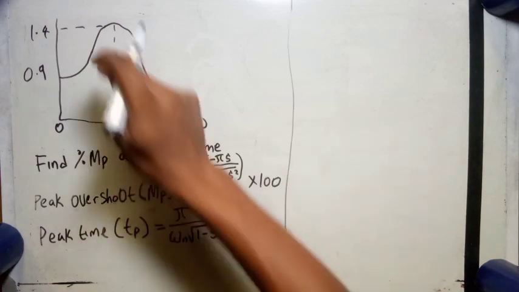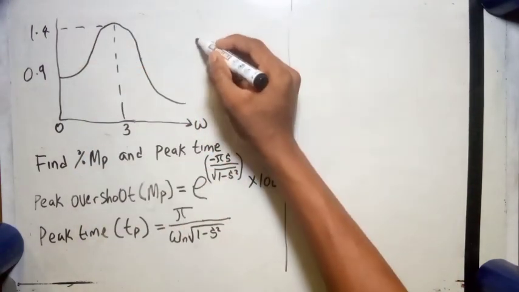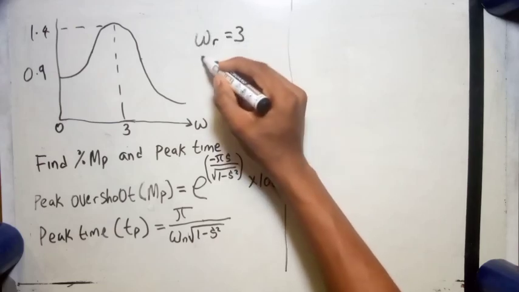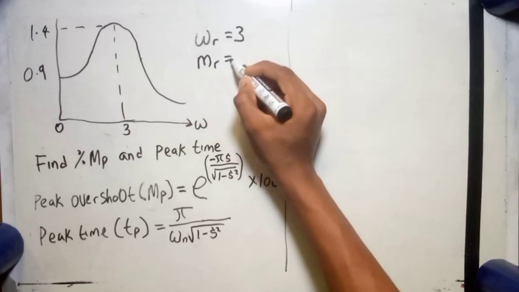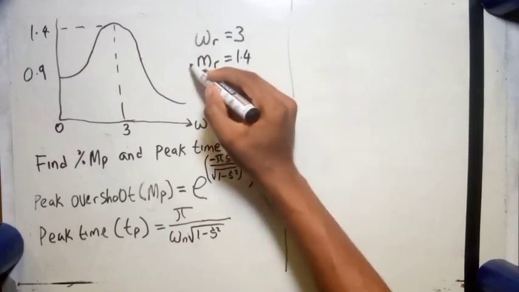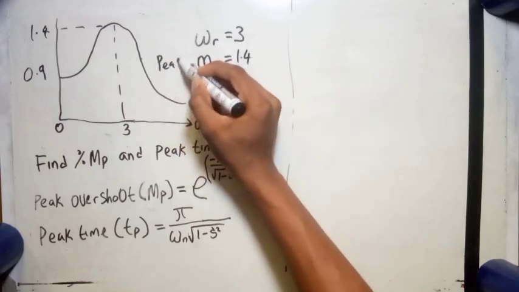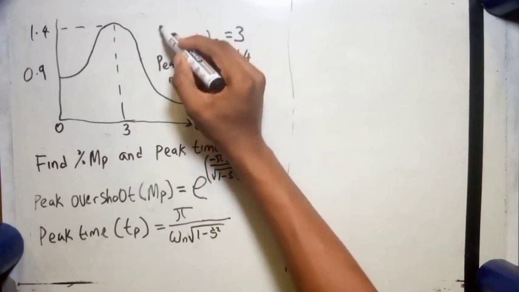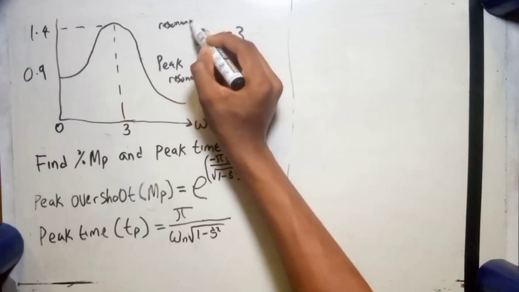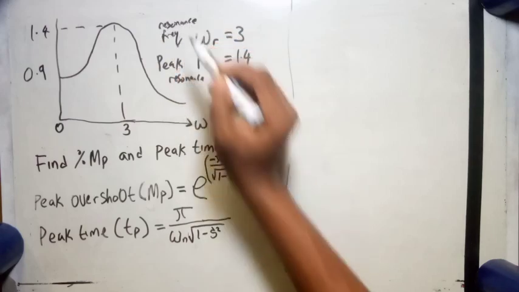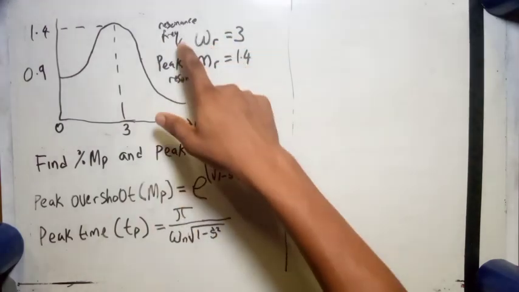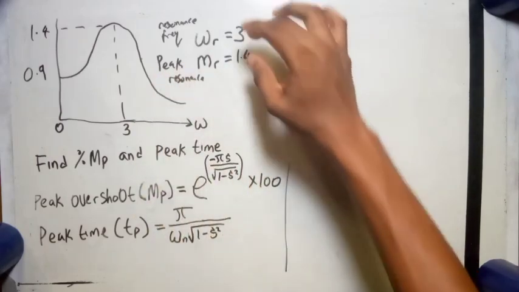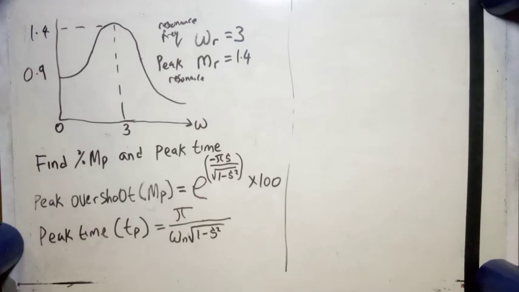Now from the graph only, we are given that our Wr is 3 and our Mr is 1.4. Mr is the peak resonance, while Wr is the resonance frequency. So the resonance frequency is 3, and the peak resonance is 1.4. We're going to be working with this to get zeta and Wn.